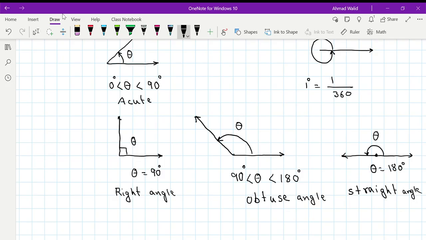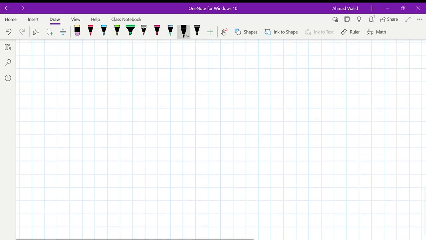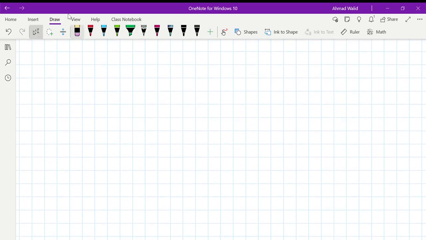Now, to discuss more, let's talk about complementary angles. What are complementary angles?